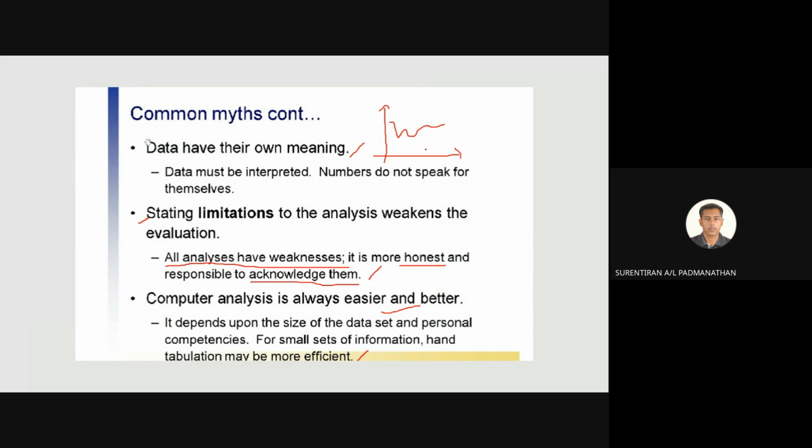Let's say, for example, this is temperature, and this is location, or distance. When we go this distance, the temperature increases or decreases. So there is some fluctuation in temperature.